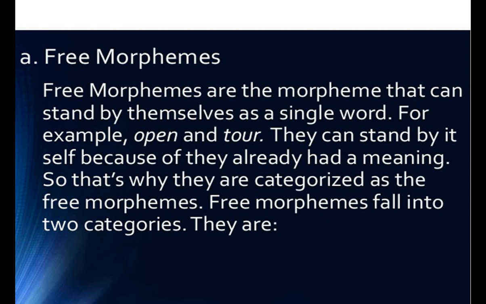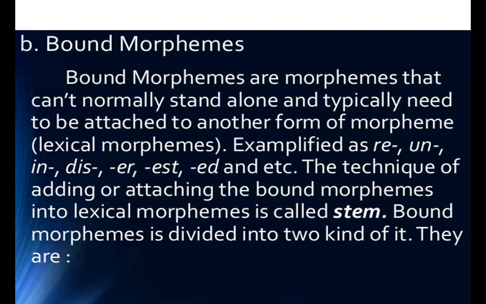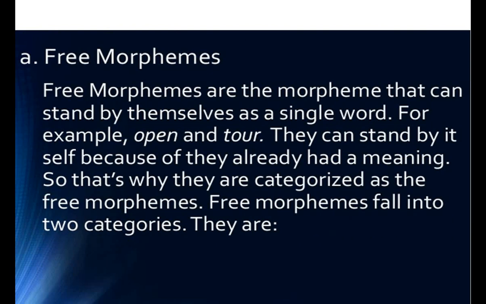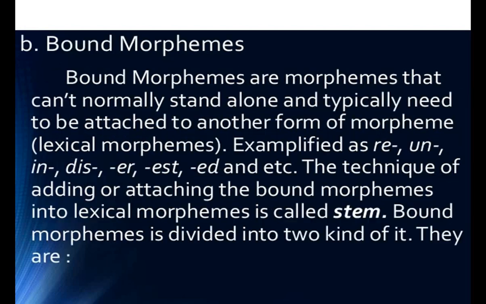Free morphemes fall into two categories, like the root word and the base word. In free morphemes we have lexical and functional morphemes, which are the types of free morphemes.